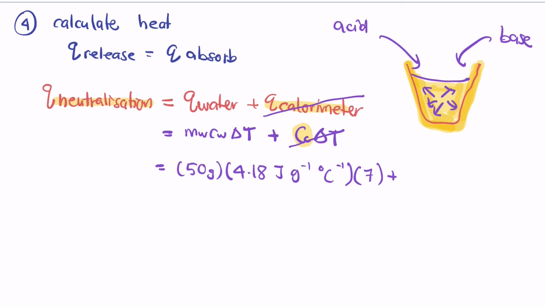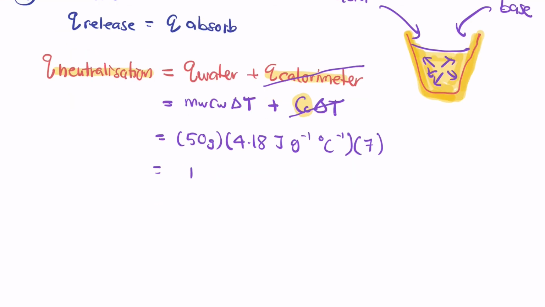Okay, just ignore it. So in this question, it assumes that the heat of neutralization is only absorbed by water. So your answer will be 1463, and the unit will be joule. Look, gram will cancel with gram, degree Celsius will cancel with degree Celsius, so you will get joule.